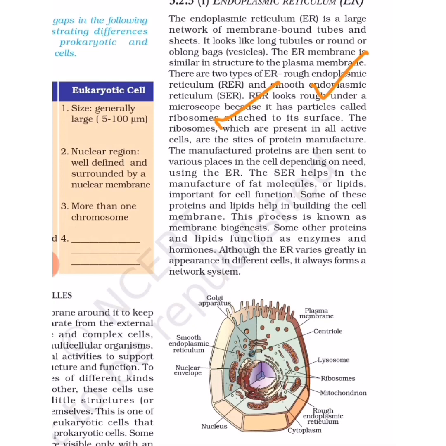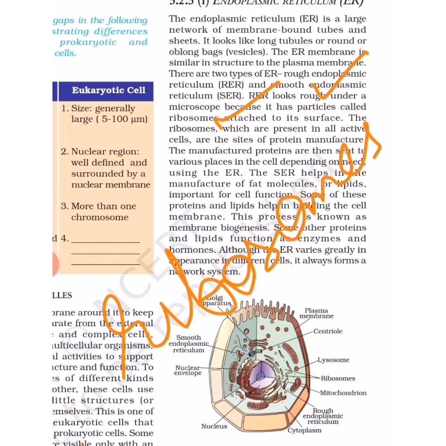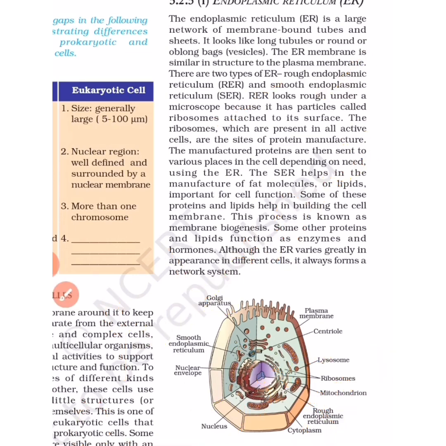Do you know why the rough endoplasmic reticulum has a rough surface? Because ribosomes are attached to its surface. Ribosomes are also known as the protein factories because they help in the formation of proteins. So next is the SER, the smooth endoplasmic reticulum.